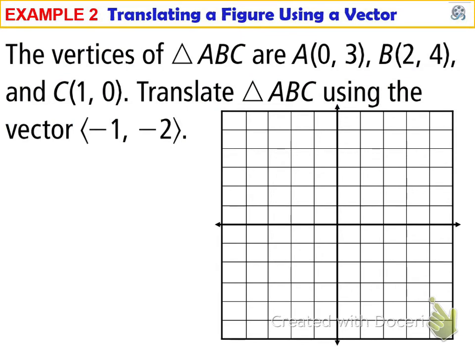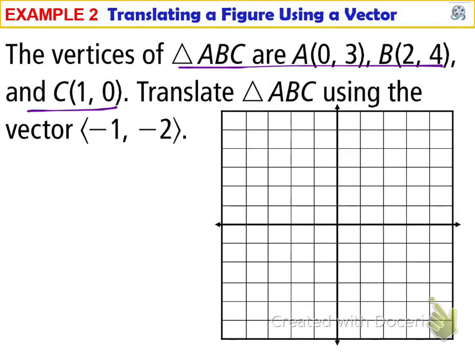So go ahead and erase your board, go back to the notes. So I'm going to teach you 2 ways to do this. But before we even begin, we're going to graph our first triangle. So we're going to go ahead and graph those points, A, B, and C. So we got (0, 3).